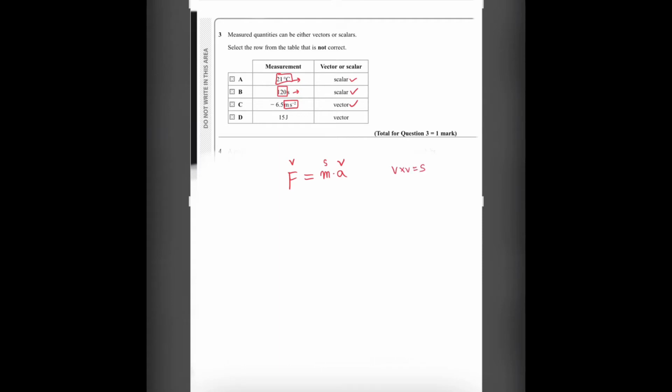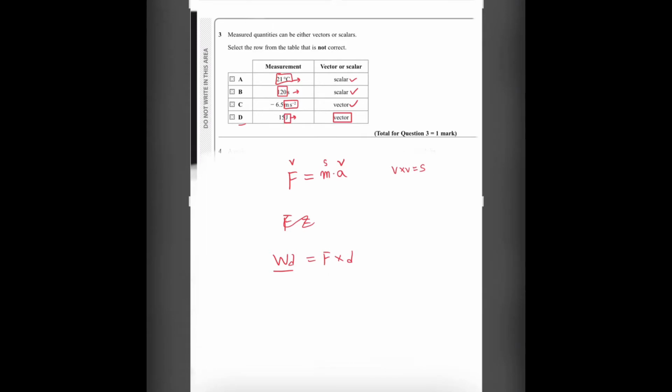Let's check option D. 15 joule. This is a unit for energy and it is said to be a vector quantity. So this should be a vector quantity since, no, work done equals force into distance moved. So work done is also in joules.